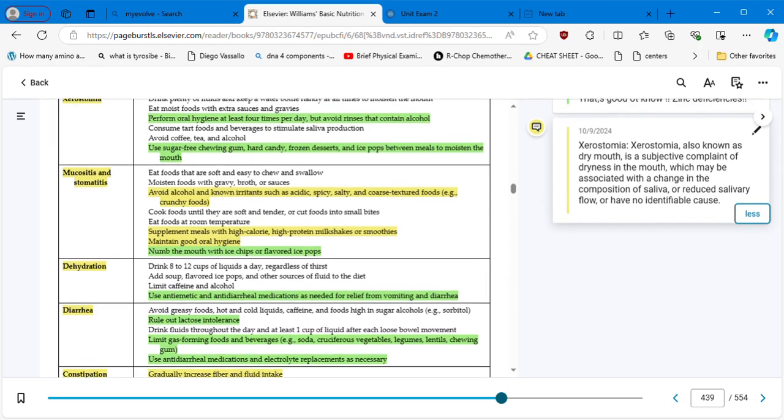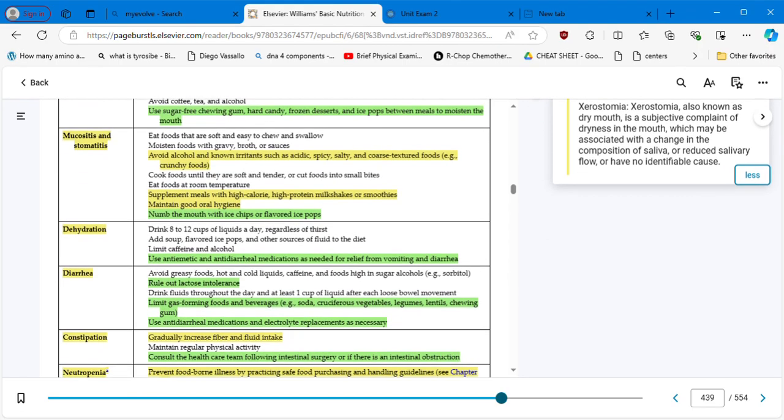Now, mucositis and stomatitis. So avoid alcohol and known irritants such as acidic, spicy, salty foods, right? Supplement meals with high calorie, high protein milkshakes or smoothies. And numb the mouth with ice chips or flavored ice pops.